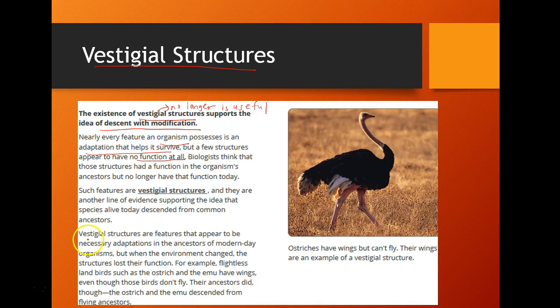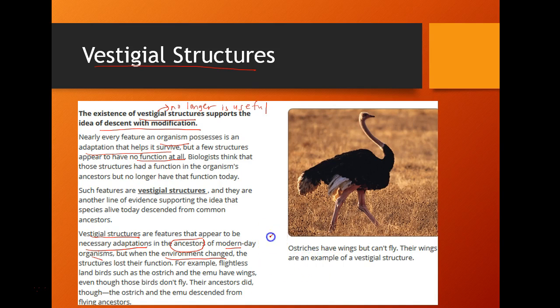Okay, so that means that vestigial structures were once necessary adaptations in our ancestors, but they are in modern day organisms. Okay, because the environment changed, they're no longer useful. At one point they were, but not anymore.